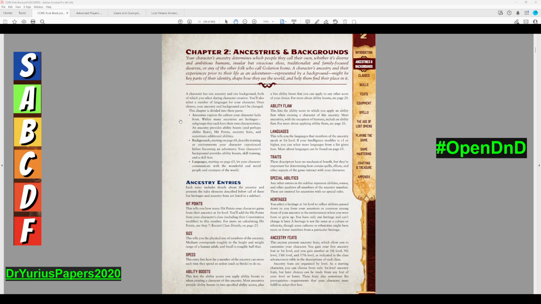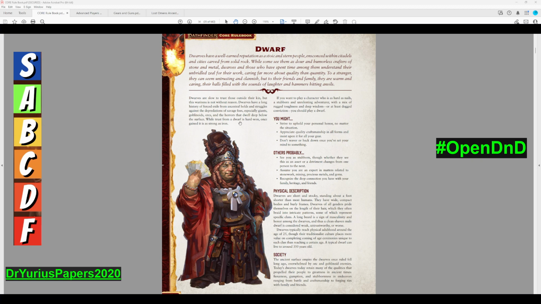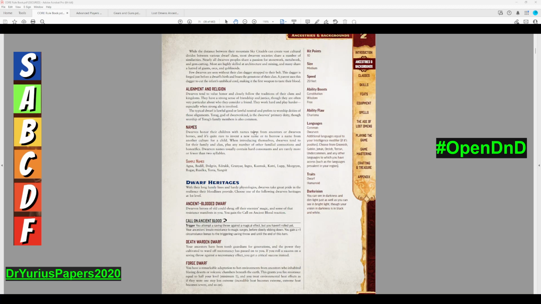mechanics. There's a bunch of entries on each ancestry page, but let's look at one. So here's dwarf. They give you a description of the dwarves themselves and what their society is. Then it gives us a rundown on this side of the page for how many hit points the dwarf has starting out, what size they are, their speed, and the ability boosts they get.